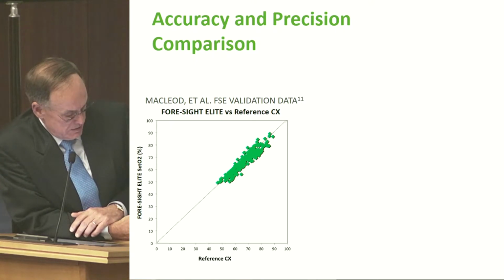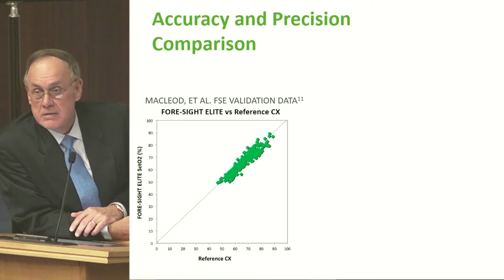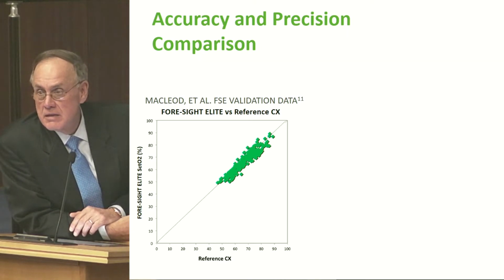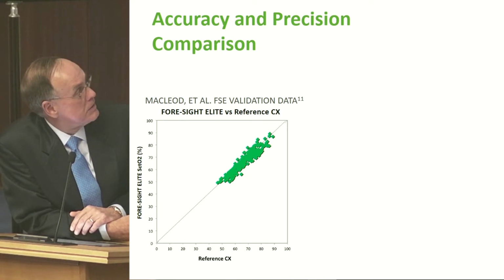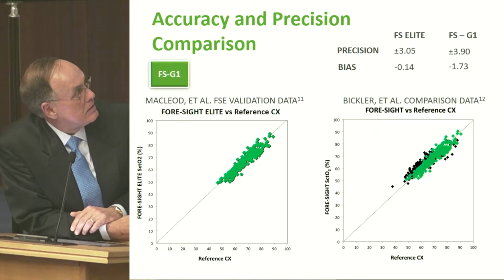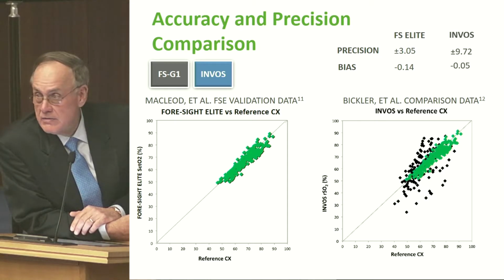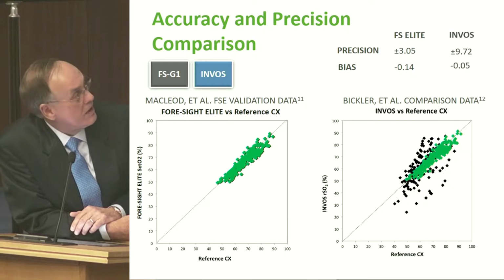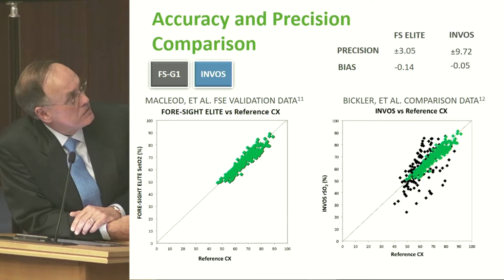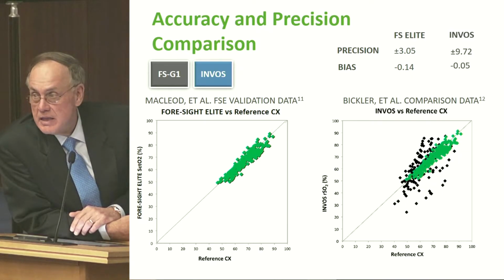Okay. Now, are other devices similar in accuracy? Well, the answer is no. So here's the device that you're actually using, the InBose technology. And you can see the InBose is in the black dots, and you can see that the accuracy of the InBose is not nearly as good as the accuracy of the Foresight. Now, why is that?